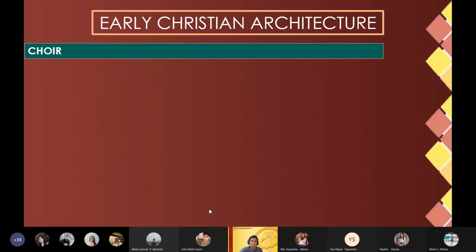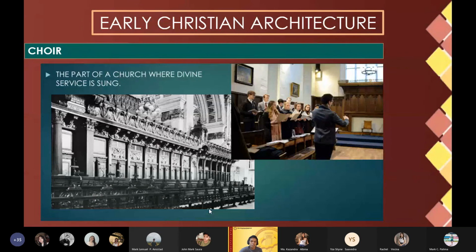Another very familiar term is choir. So the part of a church where divine service is sung. So where is the choir located? Choir is located somewhere in the transept, if your plan is cruciform.